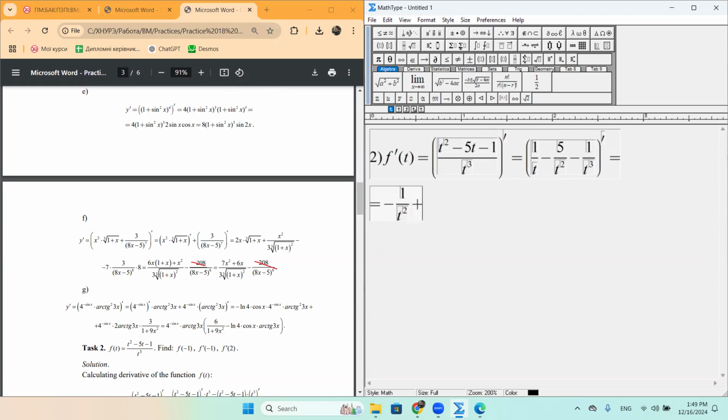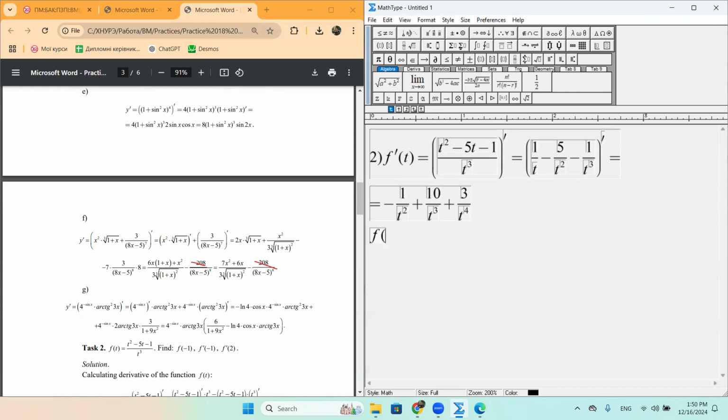So plus 10 divided by t in power of 3. And plus, so minus 1 by minus 3, so plus 3 divided by t in the power of 4. So derivative is found. And now let's calculate the function and derivative values.